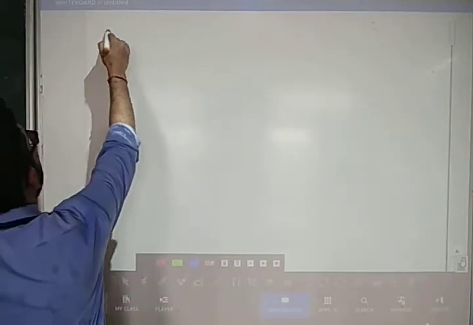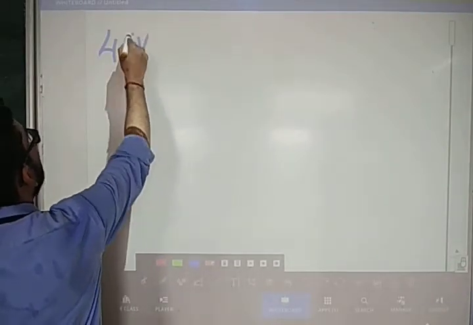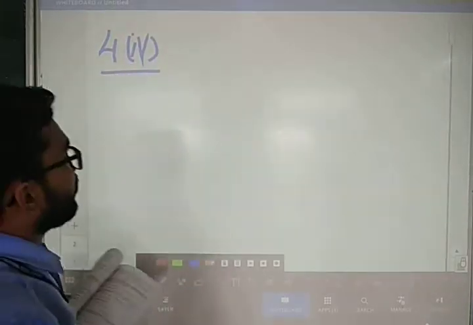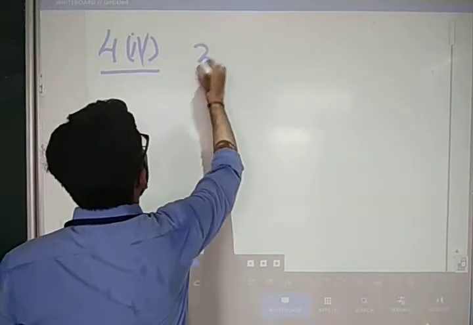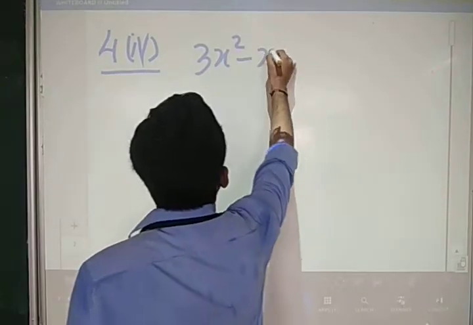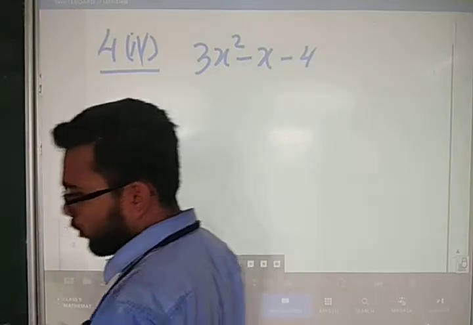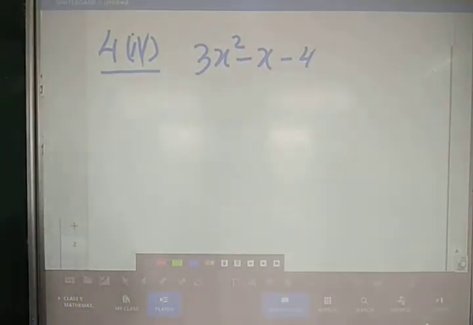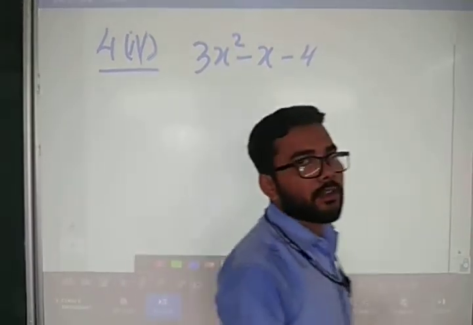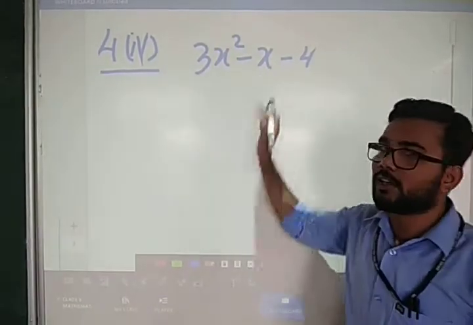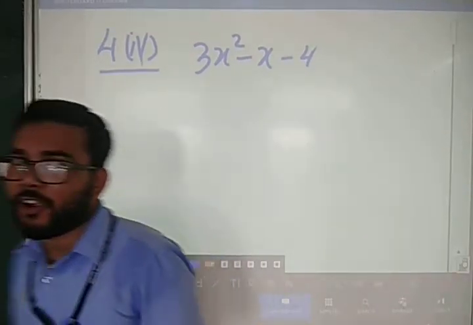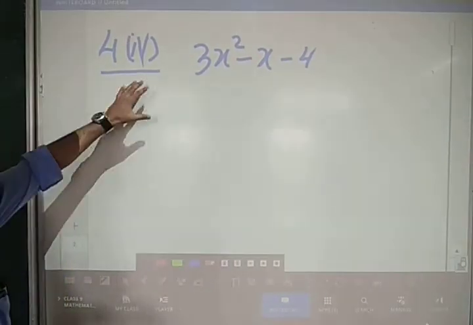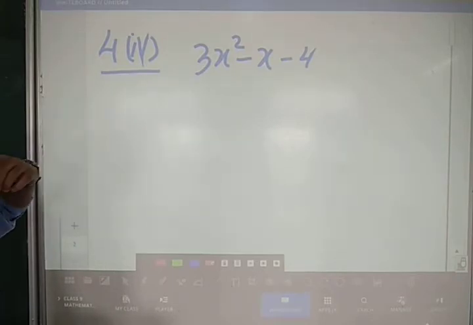If I solve 3x squared minus x minus 4, this is a quadratic polynomial, and suppose you need to find the factors of the given quadratic polynomial by middle term splitting. So how will you find the factors? How do you find the factors by middle term splitting?